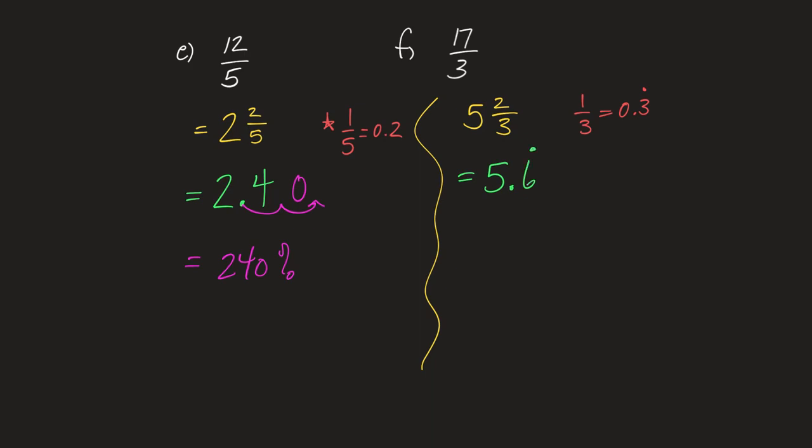There we go. And for final confirmation, change that into a percent. 566.6 repeated percent for perfect, or 566.67%. Remember, that 6 is going to bump up our 7 as an approximate.